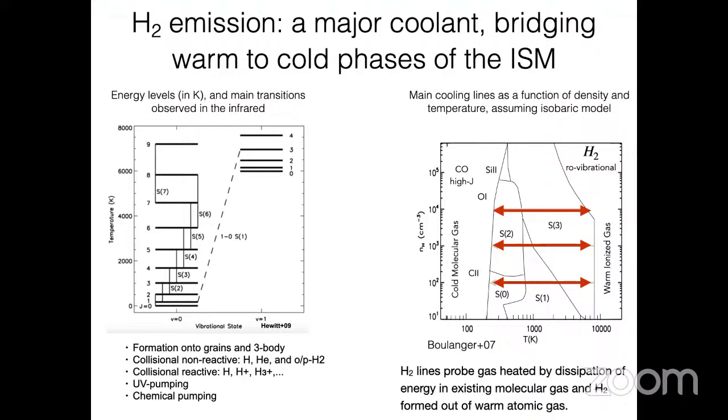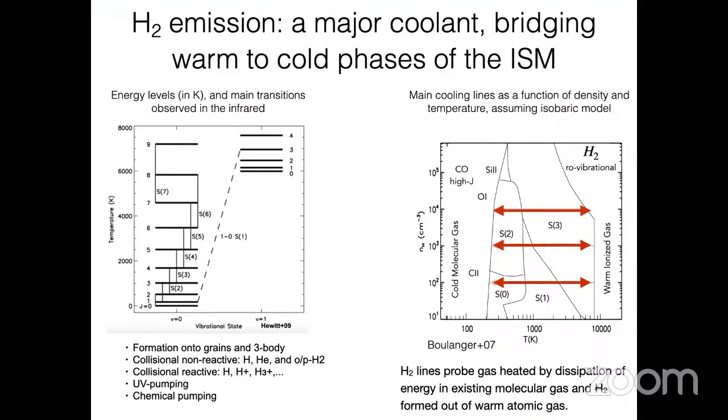And you see that those pure rotational lines, so vibrational state v equals 0, trace gas, let's say, above 50 K to a few thousand K. There are a number of processes to excite and populate those levels, including collisional excitation, which is one of the dominant mechanisms when you go high up in energy, and obviously UV pumping.